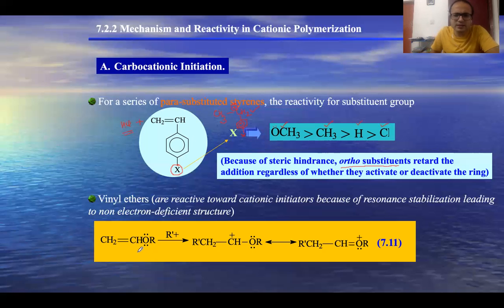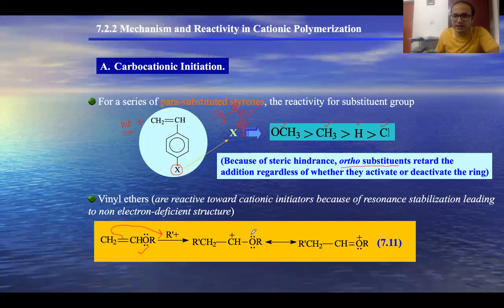Now, this is another monomer. This is a vinyl ether. If it reacts with a carbocation, the pi electron reacts here, forming R dash CH2, and when it forms the bond here, obviously you have the carbocation generated here.